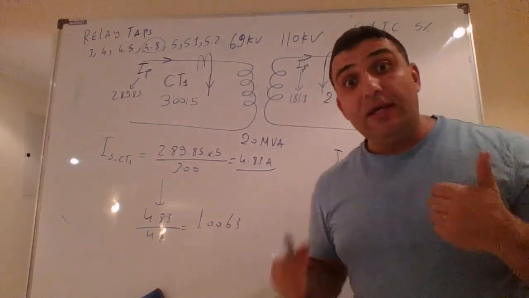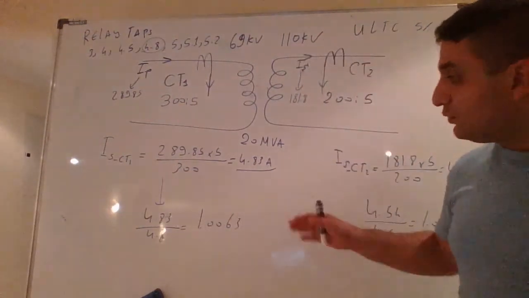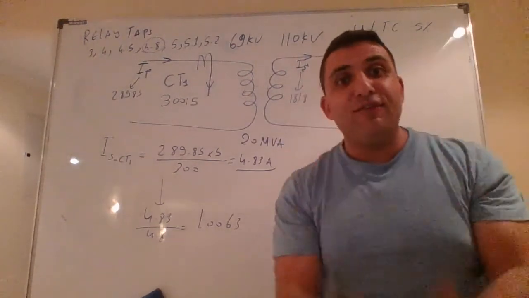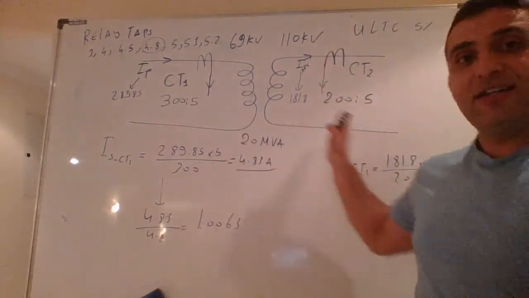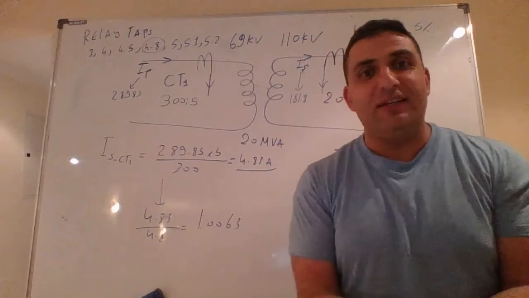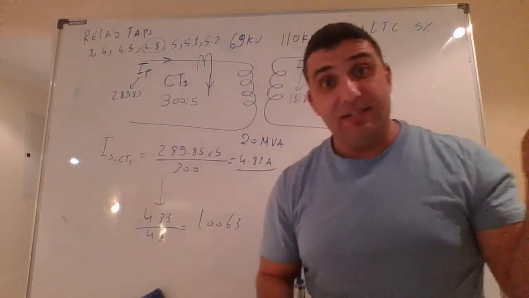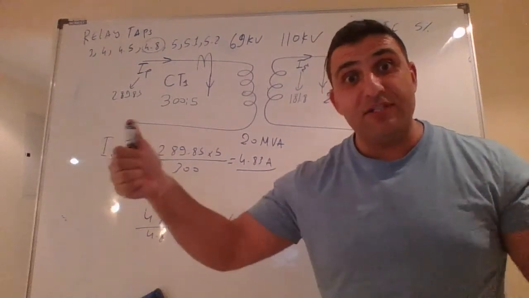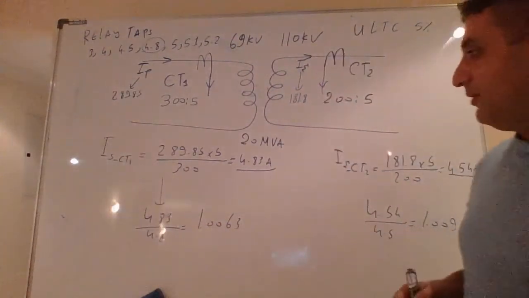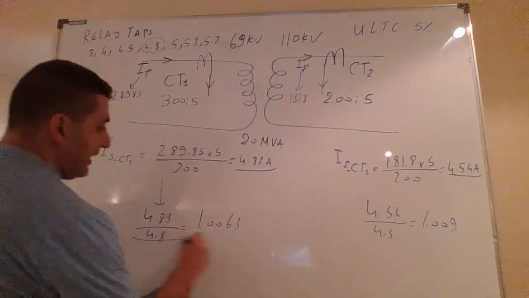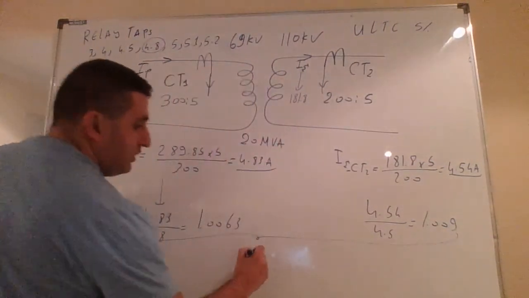That's number one. Number two, inside the differential relay, I'm taking this current and I'm actually subtracting. Remember ID is equal to I of CT1 minus I of CT2. So now, if I subtract these two, it will give me an error of 0.3%.